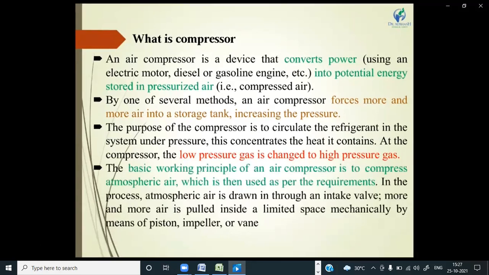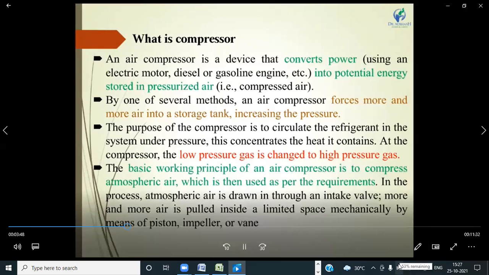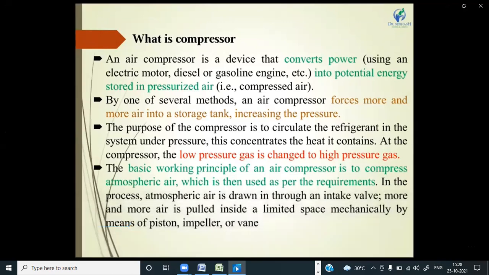systems. The basic working principle of the air compressor is to compress atmospheric air, which is then used as per requirement. In the process, atmospheric air is drawn in through an intake valve. More and more air is pulled inside the limited space mechanically by means of a piston, impeller, or any vane.